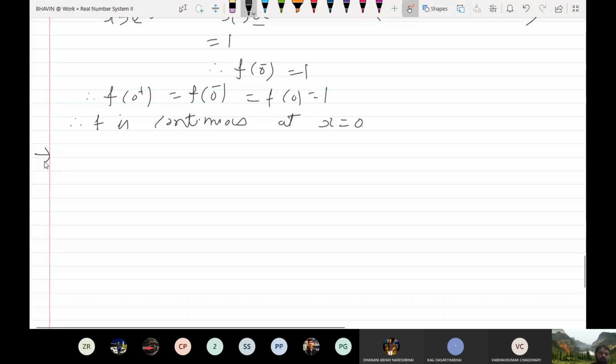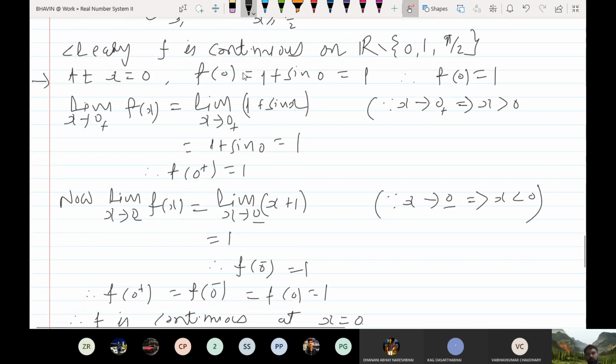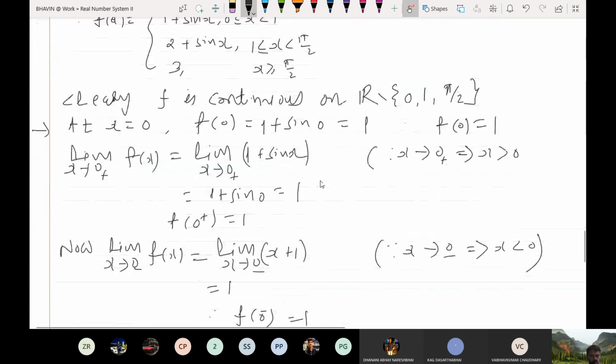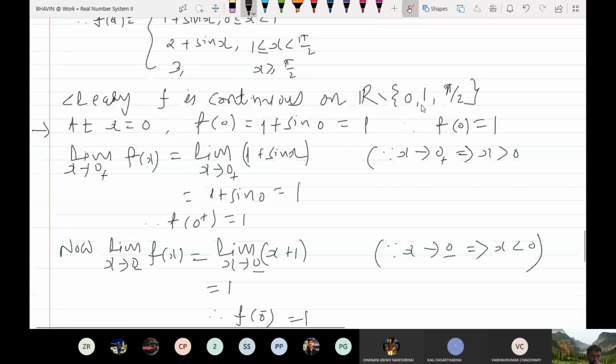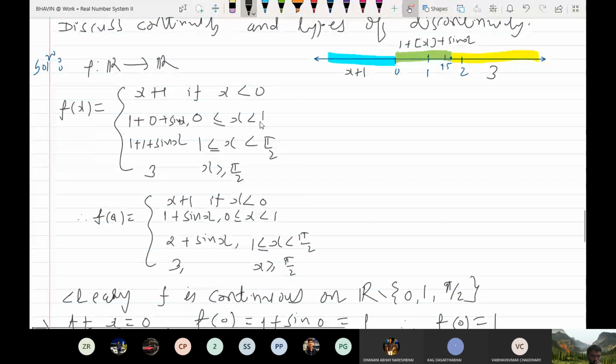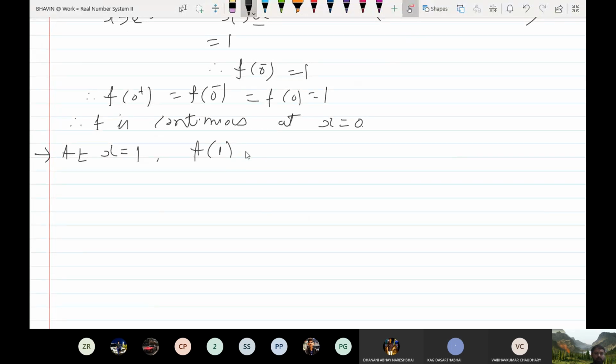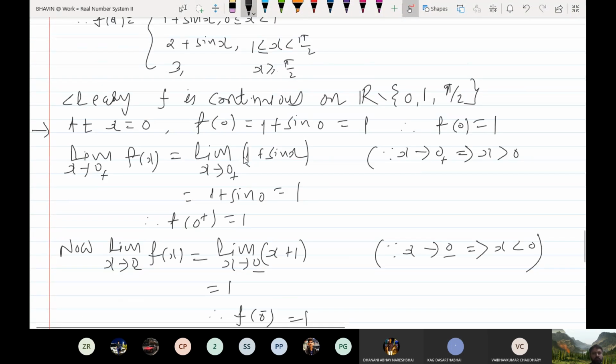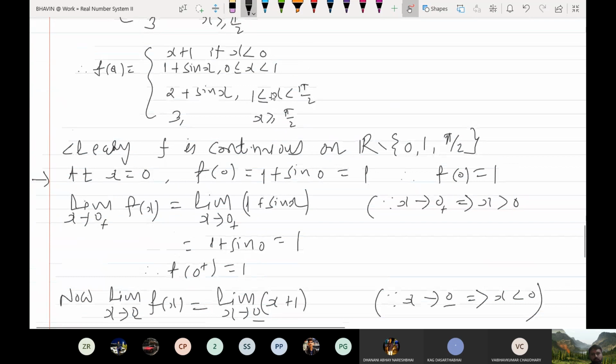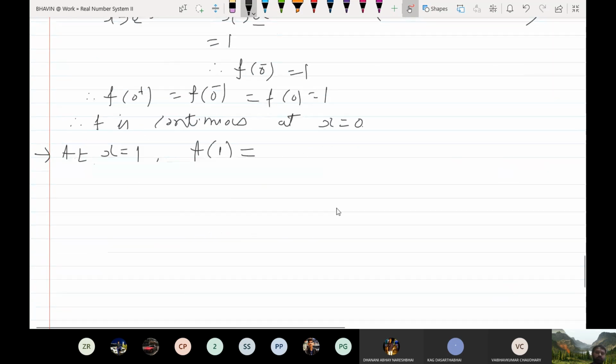Now the next point, at which point should I check? x equal to 1. What is f of 1? This. So 2 plus sine 1.